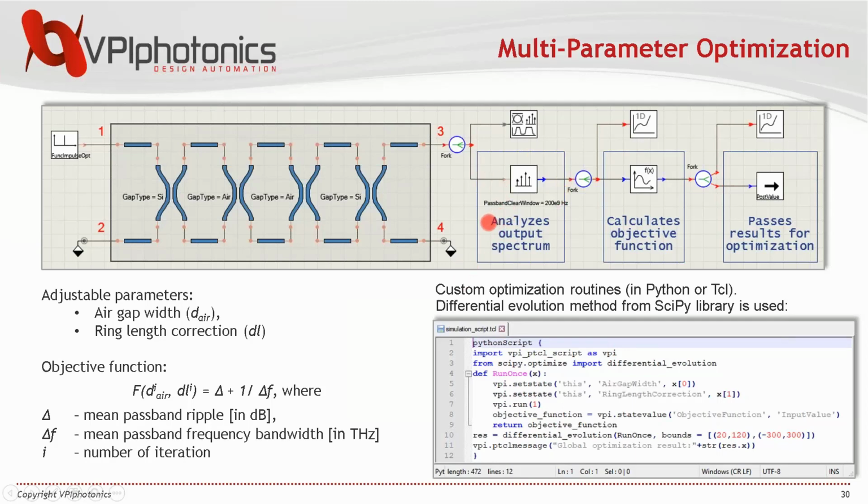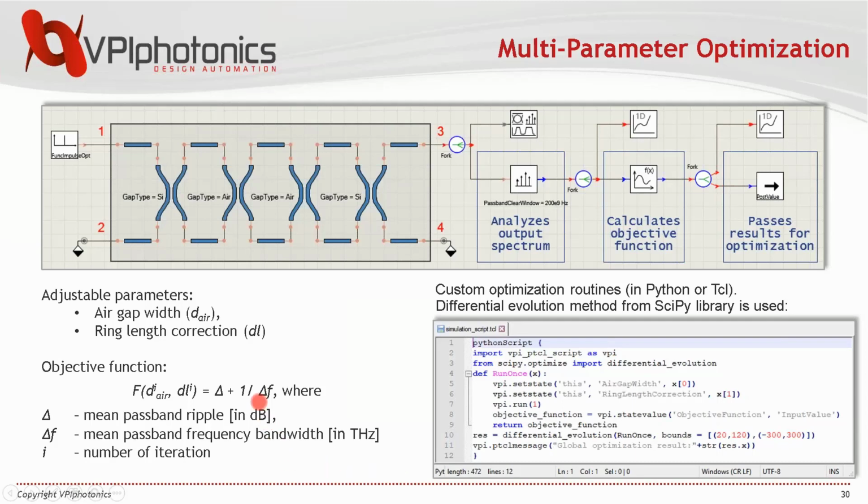We call a spectrum analyzer to analyze the spectrum transfer function of the circuit. It calculates the bandwidth, the ripple, power at maxima, and so on. And then we can use this simple module, a simple co-simulation written in Python, to calculate the objective function. In our case, the objective function could be defined like that: just the sum of the mean ripple plus the inverse value of bandwidth.